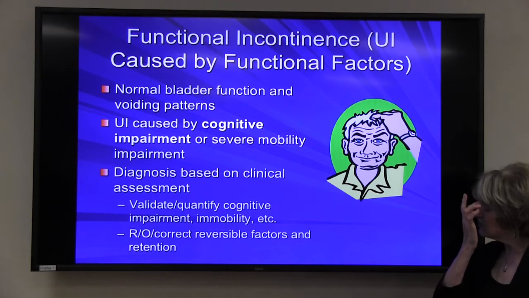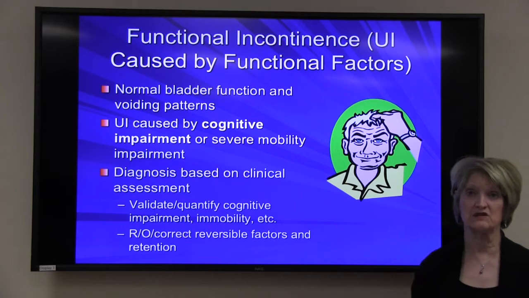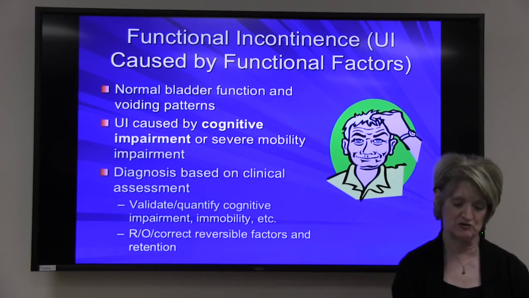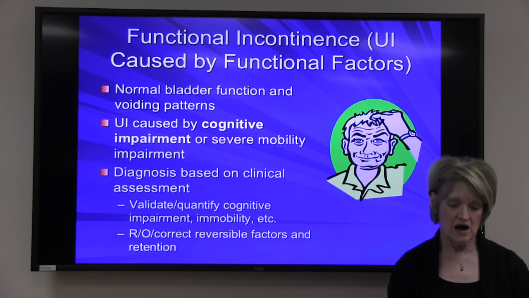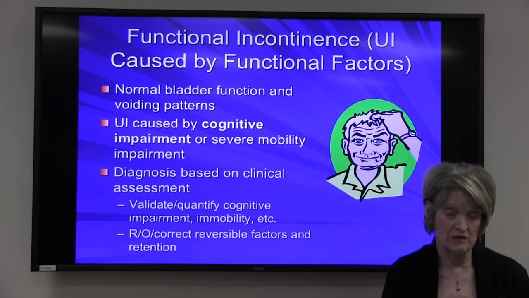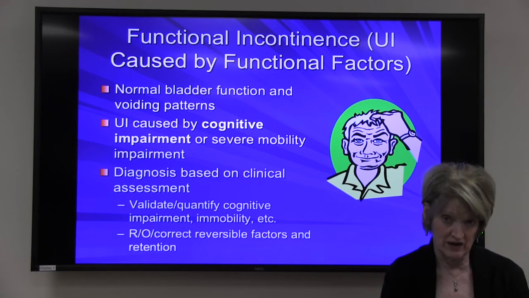Functional incontinence, which is also sometimes known as incontinence caused by functional factors, because we like to use more words, I guess, is very common in the long-term care population. Very common among the elderly who have any degree of dementia.